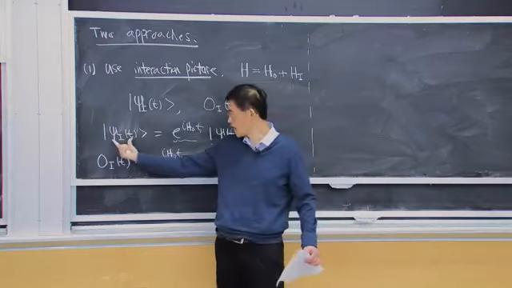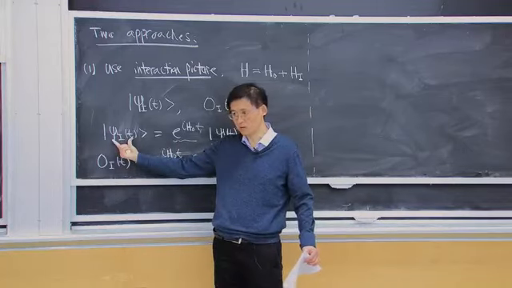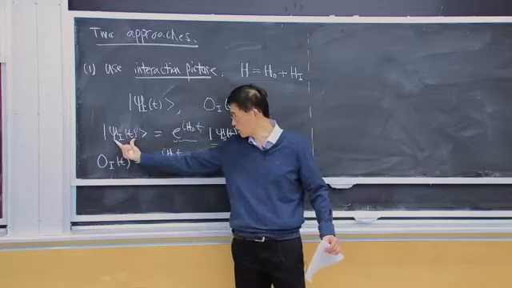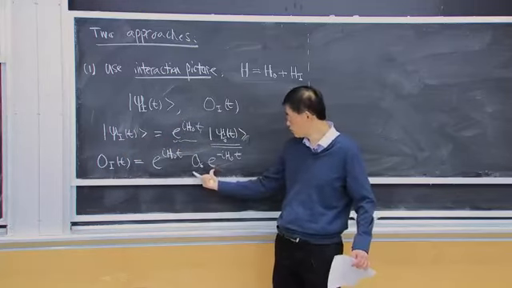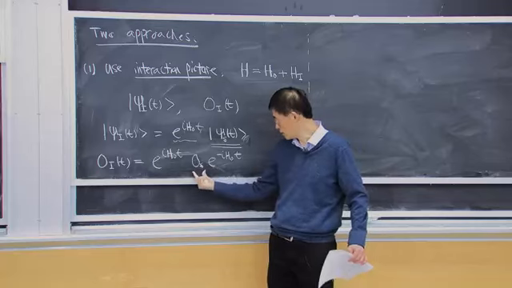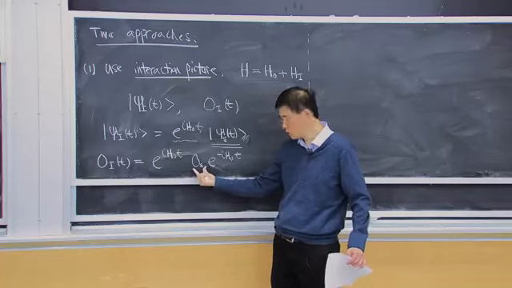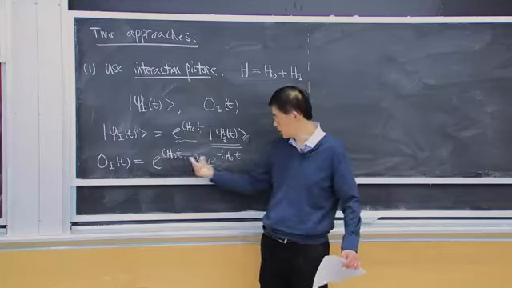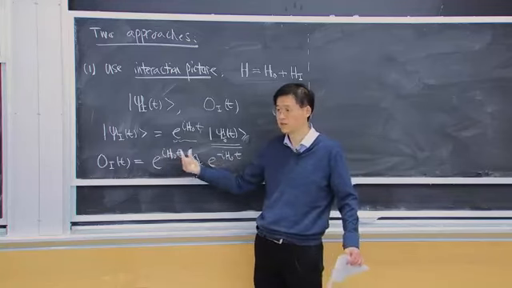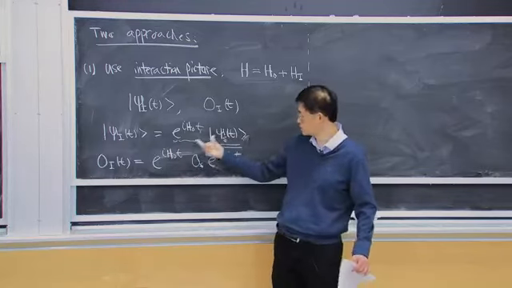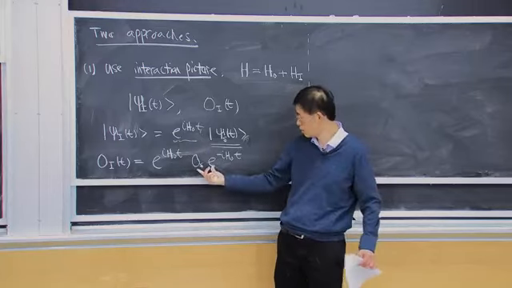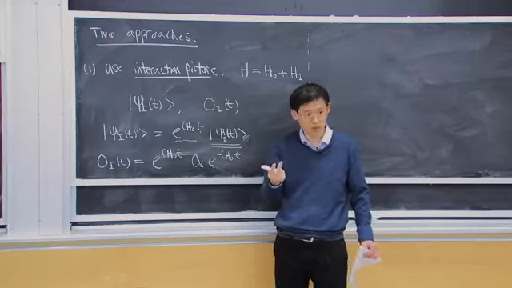So in the interaction picture, the states still evolve in a complicated way, but the operator evolves in a simple way, because in the Schrodinger picture the operator doesn't evolve, and here the evolution is just controlled by the free Hamiltonian.